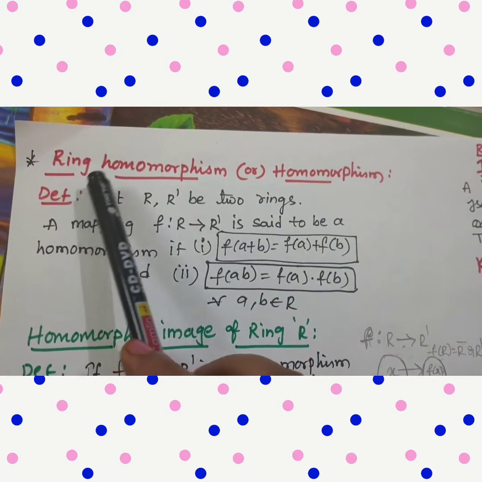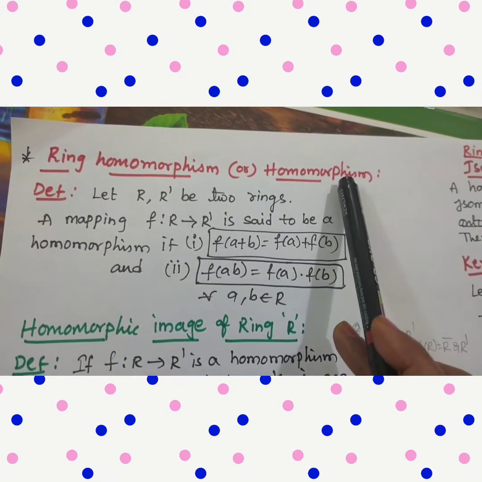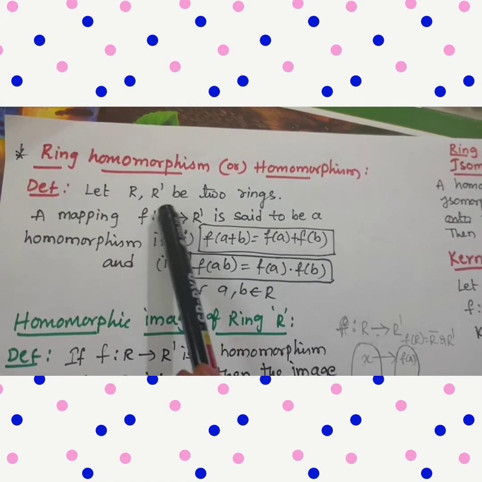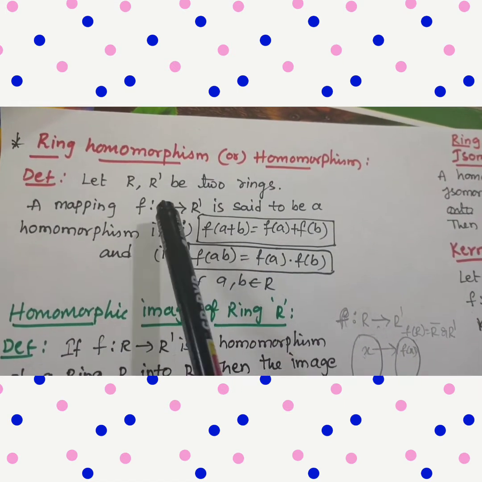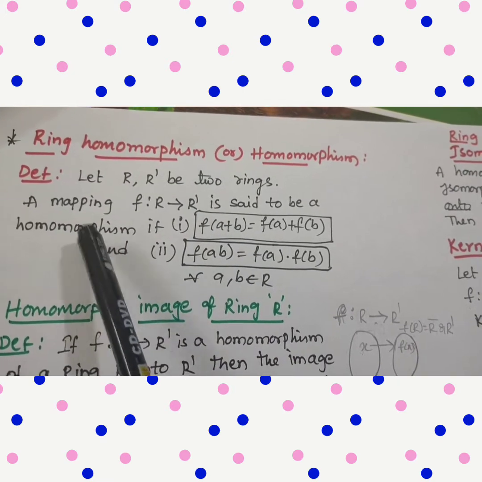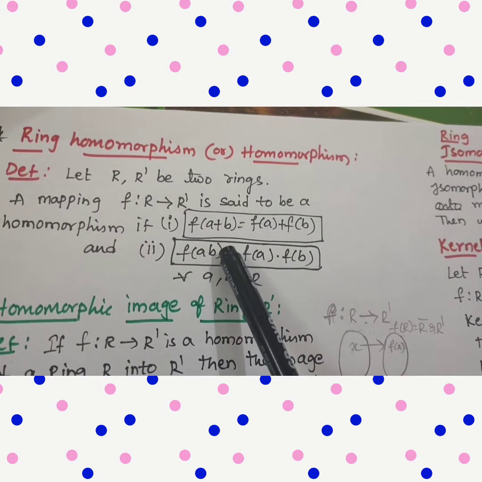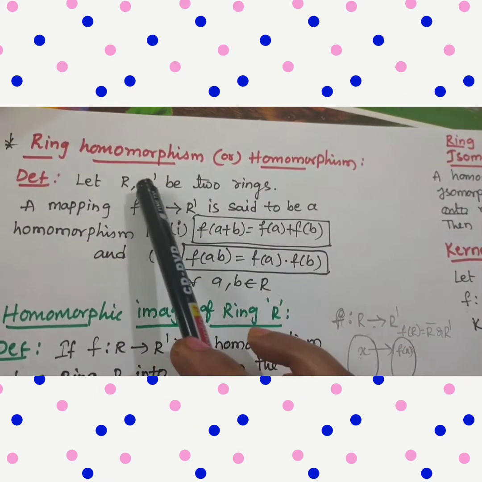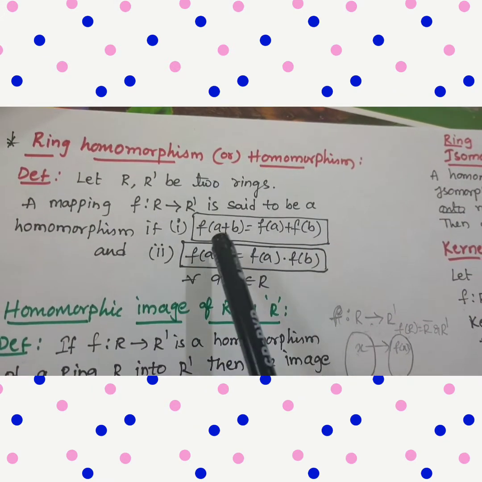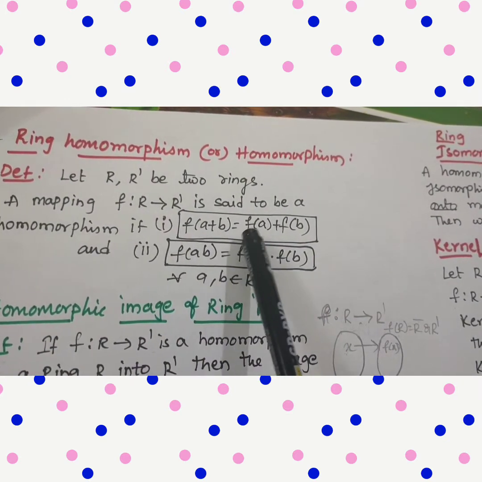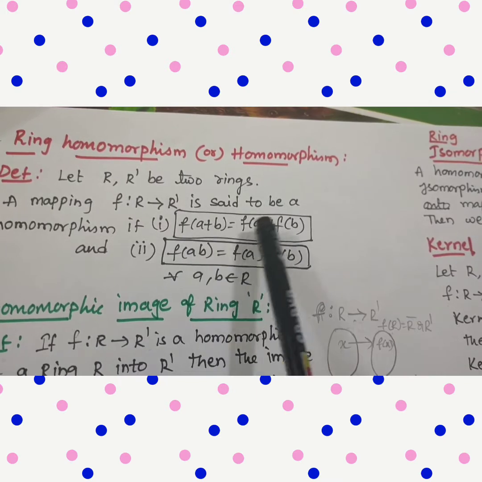What is ring homomorphism, or homomorphism of a ring? Any function f mapping from R to R dash is said to be a homomorphism when these conditions are satisfied. Here R and R dash are two rings, and the mapping is defined as f of a plus b is equal to f of a plus f of b with respect to addition.